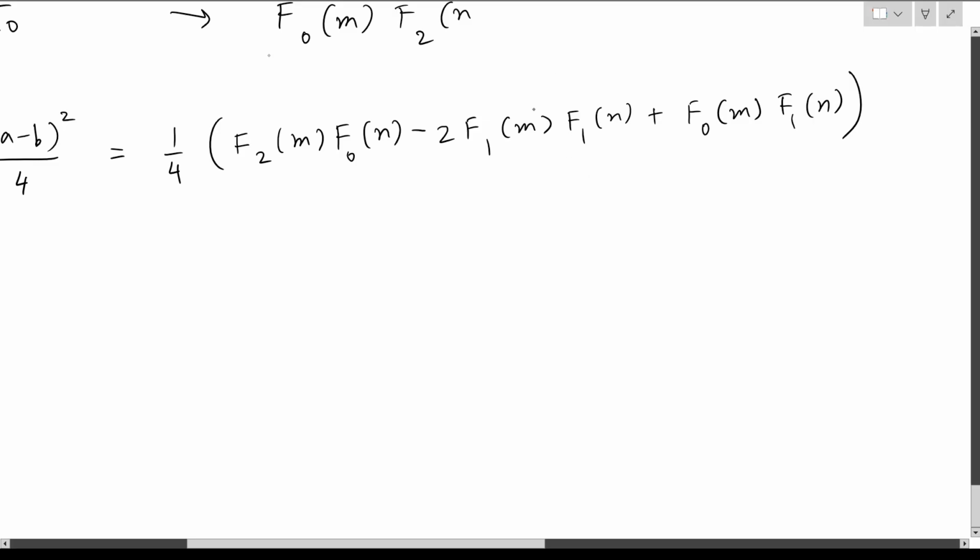And f0, f1, f2, as you all remember, are simply those functions that we defined up there.